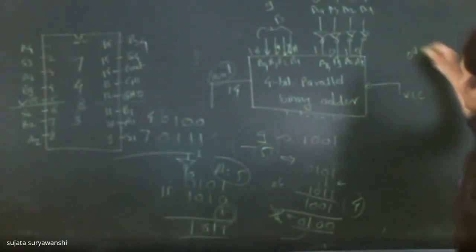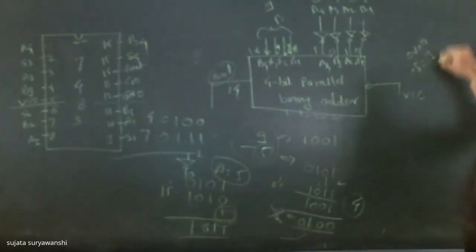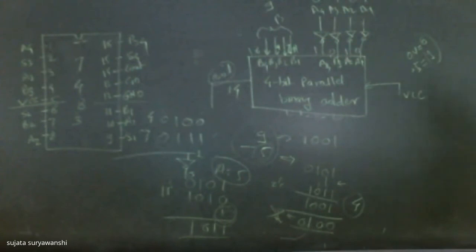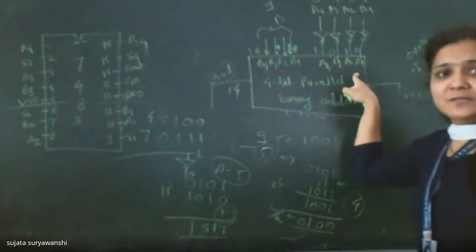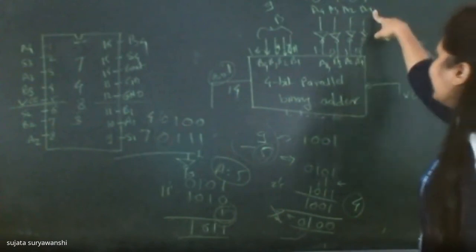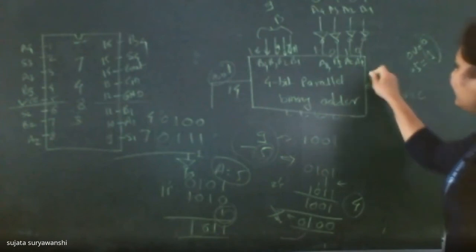Ground means 0 volt and VCC means plus 5 volt, which is equal to 1. 0 and 1, in the form of binary numbers, you can represent it. So, to get 2's complement of variable A, you can simply connect that variable A through NOT gate and connect C in pin to VCC.